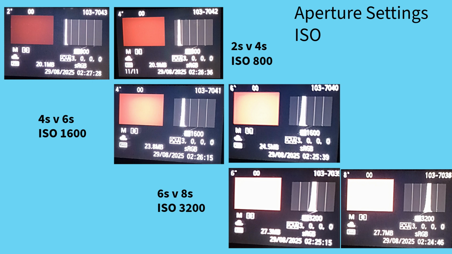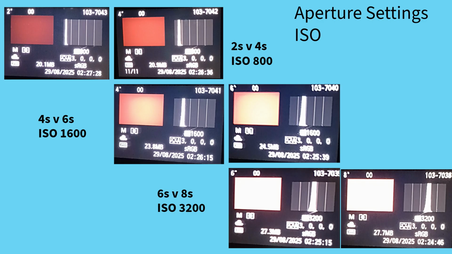Let me show you how the histogram changes as we adjust camera settings. What you see here is the view on my camera's screen after I make each change. First, with an ISO of 800, I tried 2 seconds and 4 seconds. And you can see that the image becomes brighter and the histogram moves away from the left edge. That's good. Next, I tried 1600 ISO and kept the same exposure time of 4 seconds.